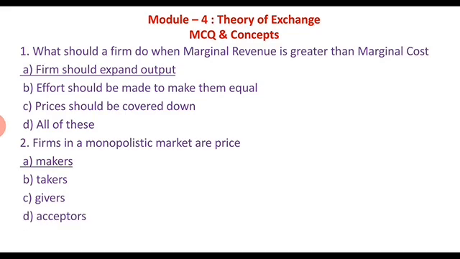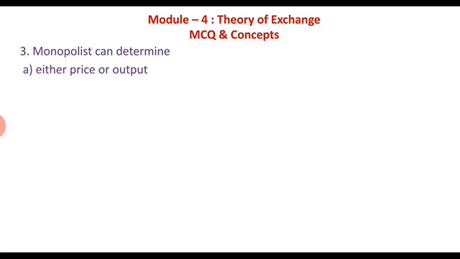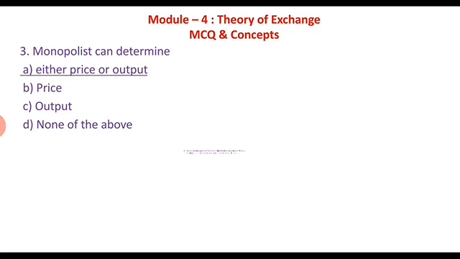Answer is makers. Third question: monopolist can be determined A. Either price or output, B. Price, C. Output, D. None of them above. Answer: either price or output.